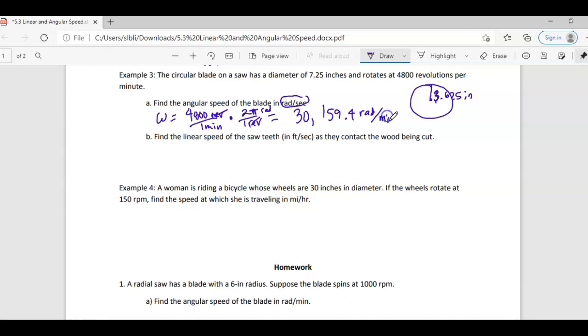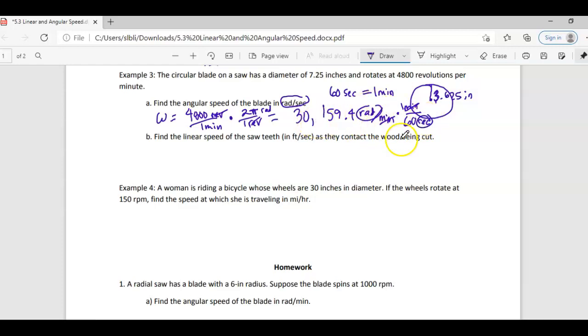per minute. Okay. But again, it's asking us here to do radians per second. So remember that there are 60 seconds in 1 minute. So those are equivalent. So because minutes is on the bottom here, in order to convert this to seconds, I want to put 1 minute on the top because I want the minutes to cancel. And I want to put 60 seconds on the bottom because I want this to be radians per second. So if I do it that way, the minutes cancel and I'm left with radians per second.